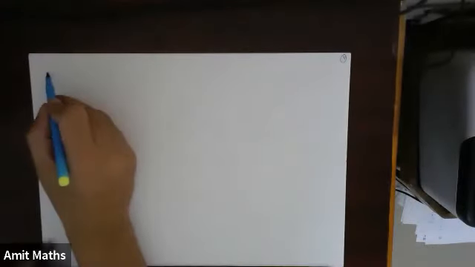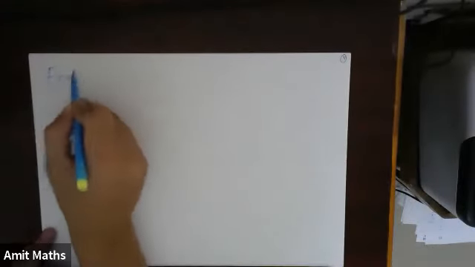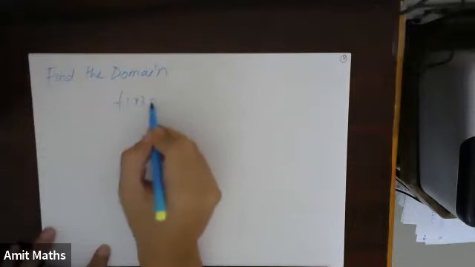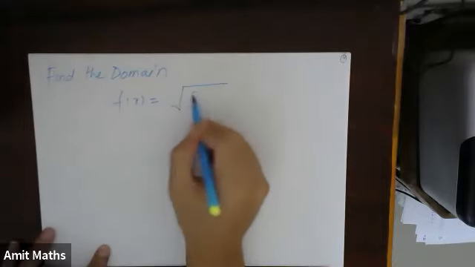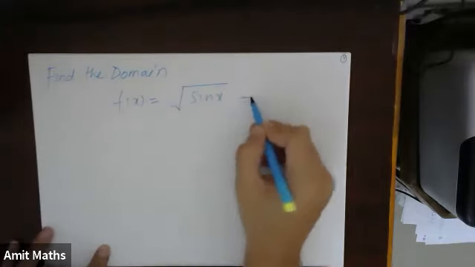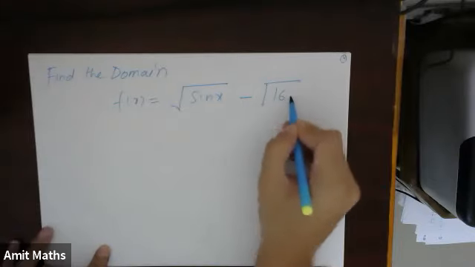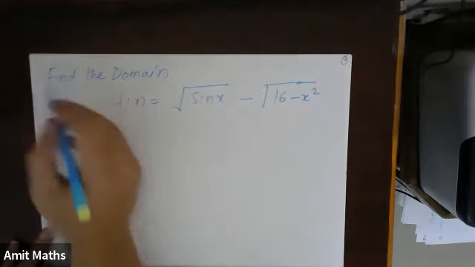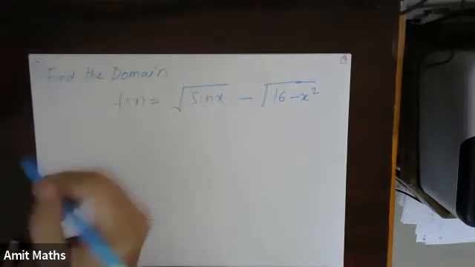Now find the domain of f of x is equal to root of sine x minus root of 16 minus x square. I will give you some questions. You have to find the domain of this. First is this.